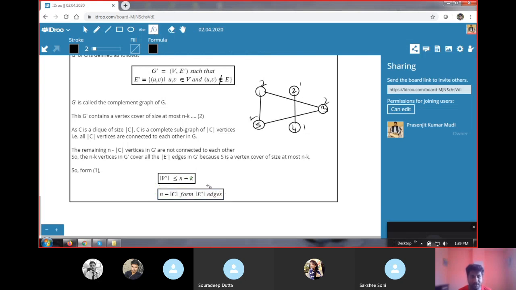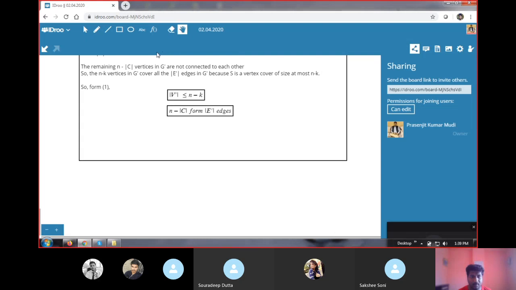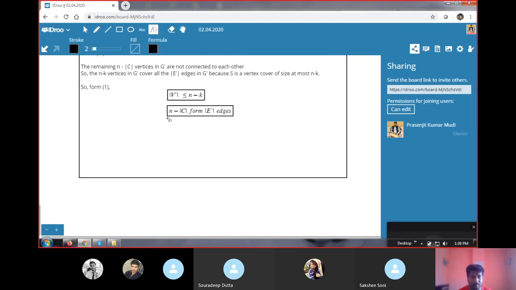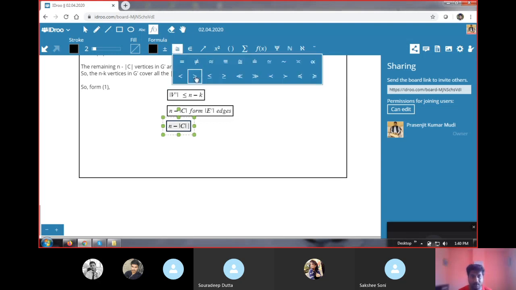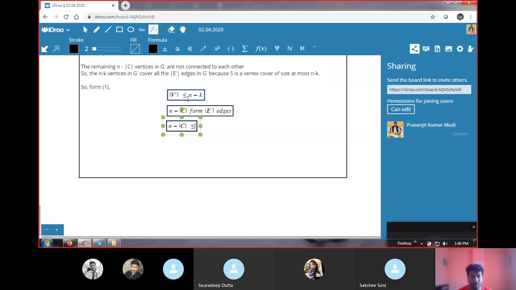Hence we can write that mod C is less than or equal to this n minus k.